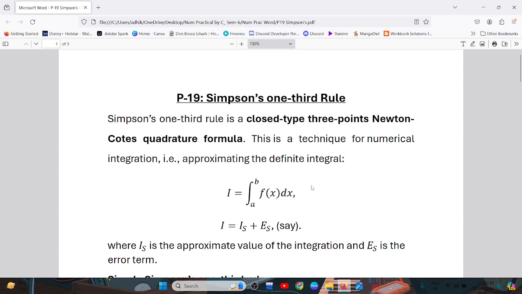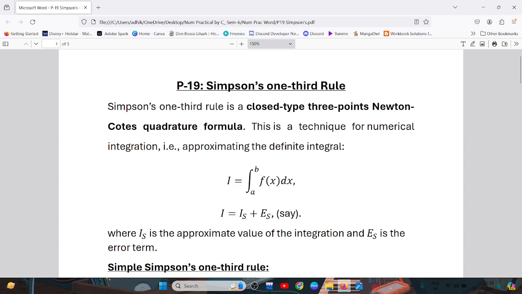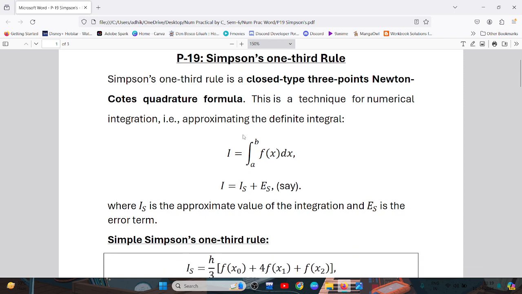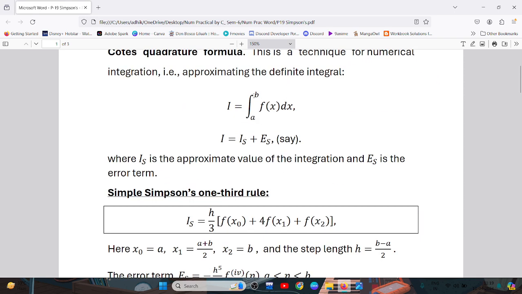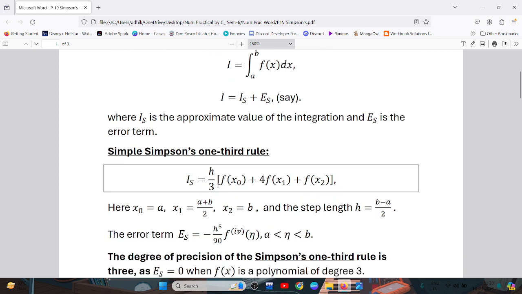Simpson's one-third rule is a closed type, 3-point Newton-Cotes quadrature formula. Here the numerical integration of f(x) dx from a to b equals the approximate value of the integration plus the error value Es. In the simple case, Simpson's one-third rule is h/3 [f(x0) + 4 f(x1) + f(x2)].